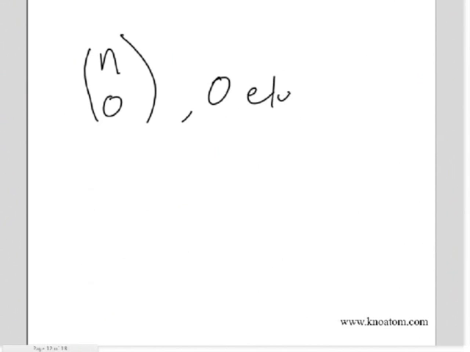Let's take a look at all of the subsets. There's going to be a subset with 0 elements, a subset with 1 element, subsets with 2 elements, all the way to n elements. So if we count them, there's n choose 0 subsets with 0 elements.